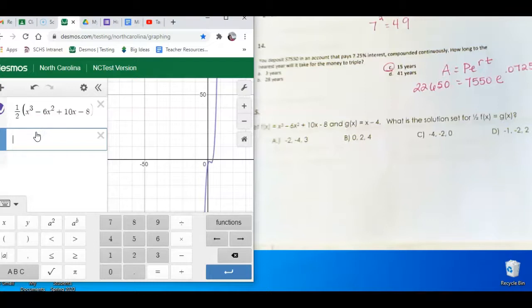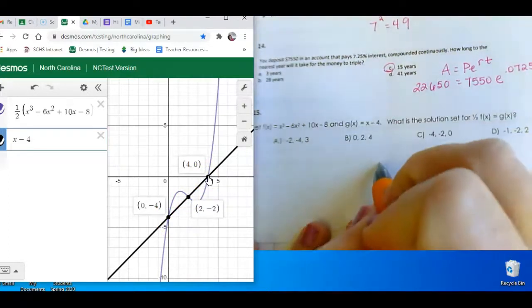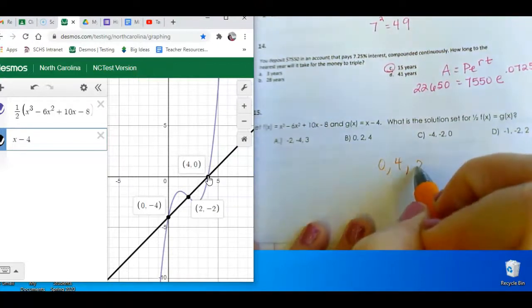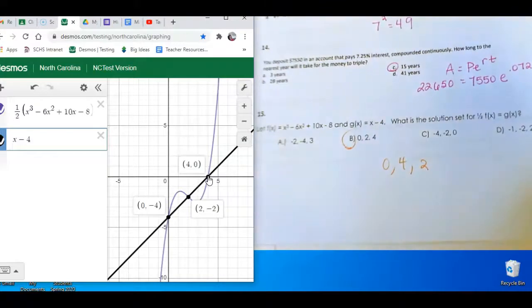And then I'm going to put g of x in as the other equation. Press home and zoom in a little bit. I'm looking for where these cross each other because they want them to be equal. And I look for those x values, so it looks like it is 0 and 4 and 2. And so that's our answer.